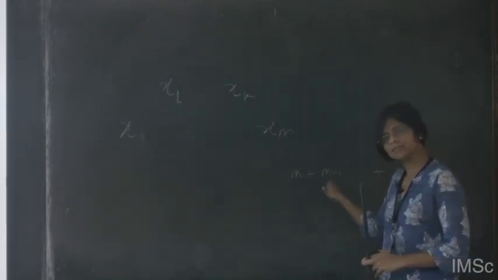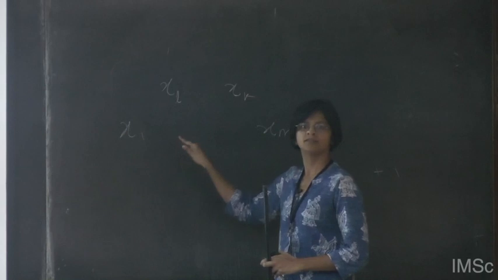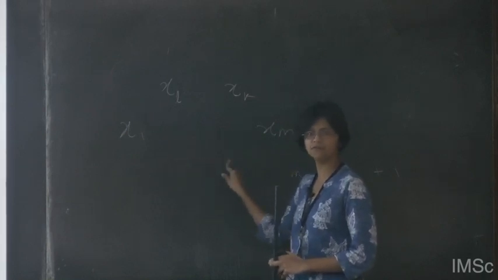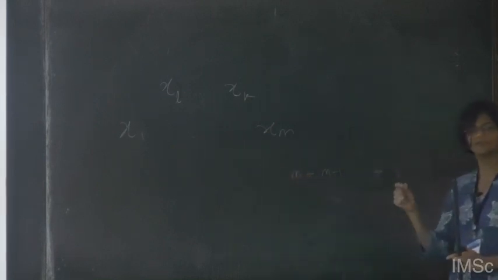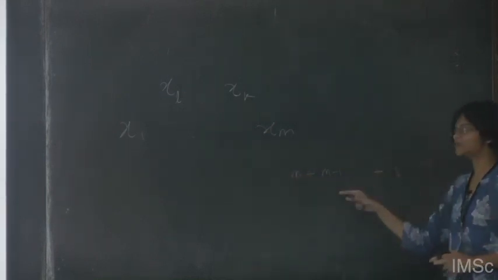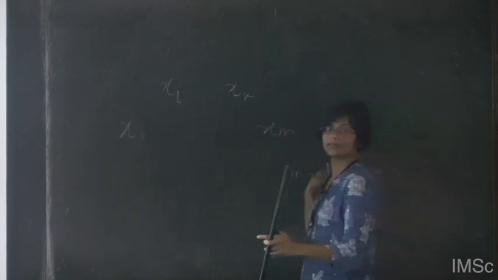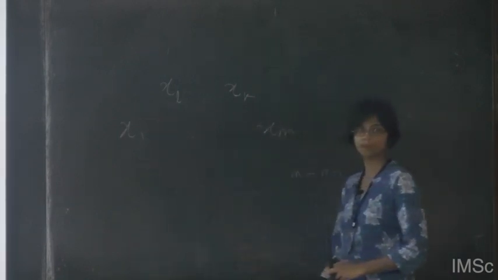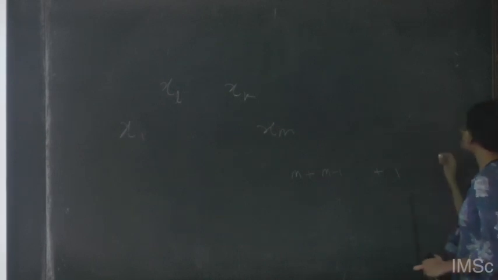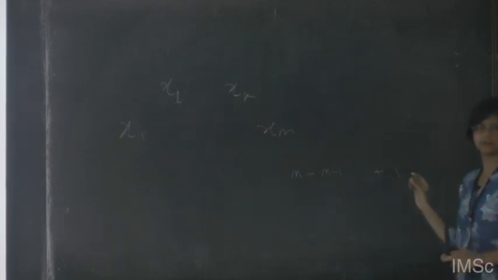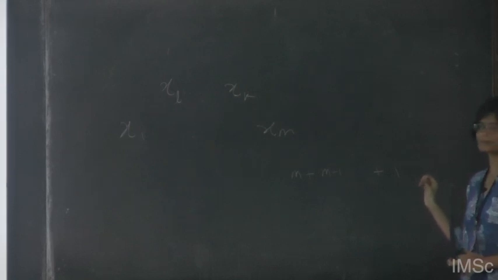How many of length 3? 1, 2, 3; 2, 3, 4; 3, 4, 5; all the way to m minus 2, m minus 1, m. So that is m minus 2. And you keep doing this until you get your final one substring of length m. And this summation is m times m plus 1 by 2.